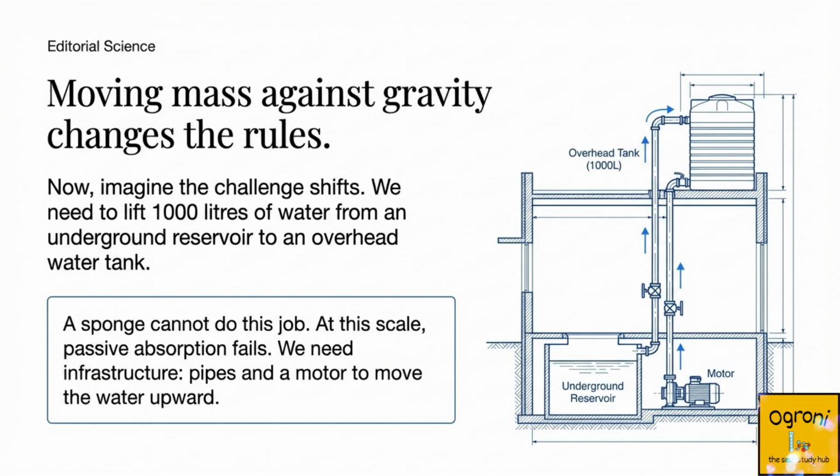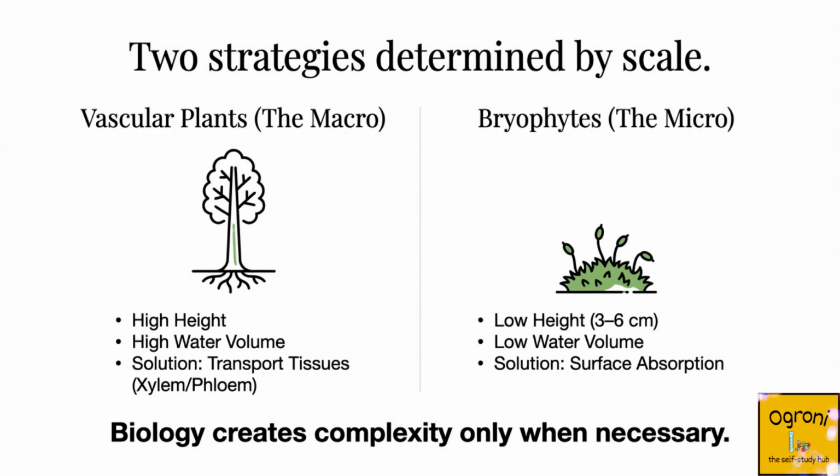In the same way, vascular plants are large and tall. They need to transport a lot of water from the roots to the leaves at a great height. Therefore, they have developed special transport tissues called xylem and phloem. On the other hand, bryophytes are very small, usually only 3 to 6 cm tall.